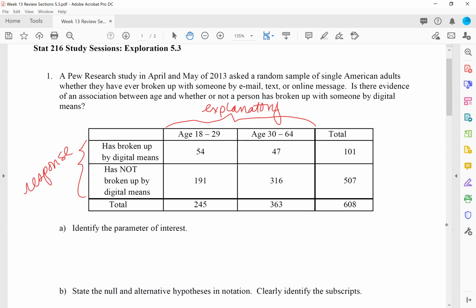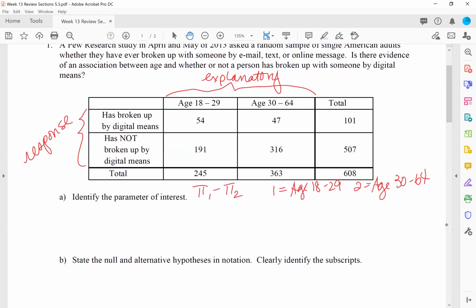So for this study, we're going to look at a parameter of pi1 minus pi2. So our groups, one is going to be age 18 to 29, and 2 is going to be age 30 to 64. So when we're thinking about our parameter of interest, we're just identifying what pi1 is and what pi2 is, and then talking about that difference. So a parameter of interest here would be the difference. And parameters are always about population.